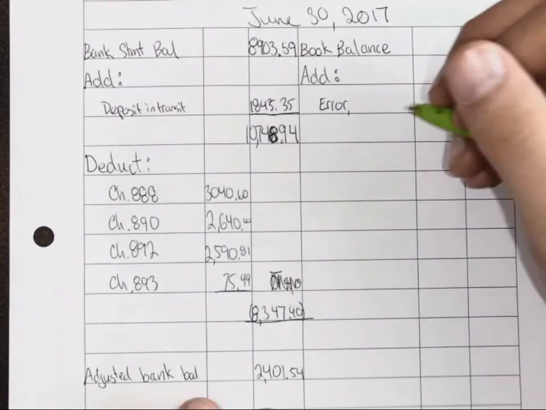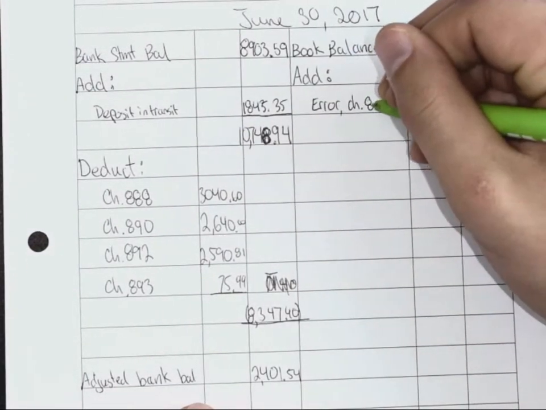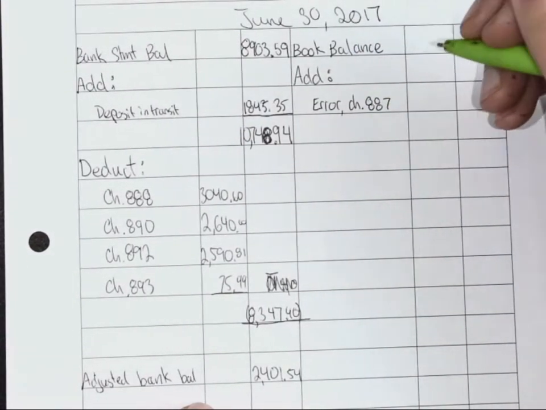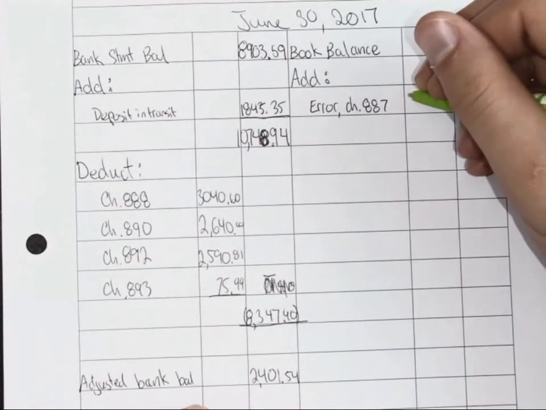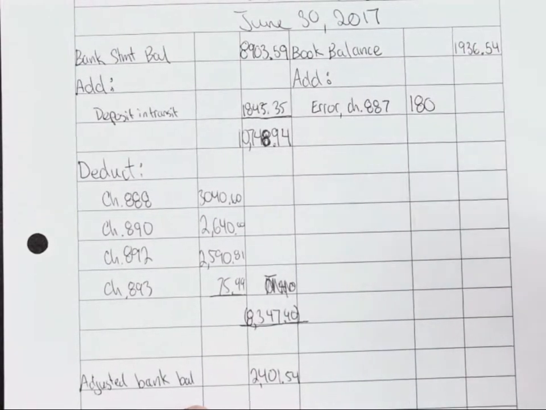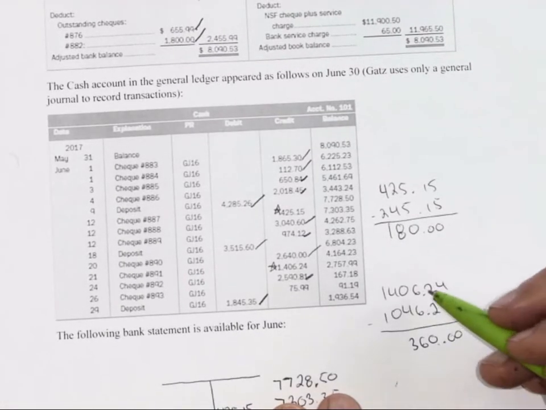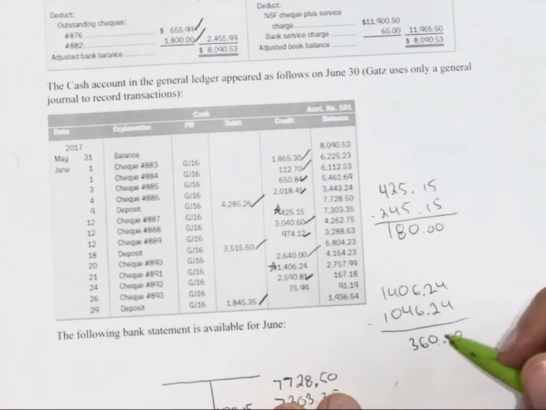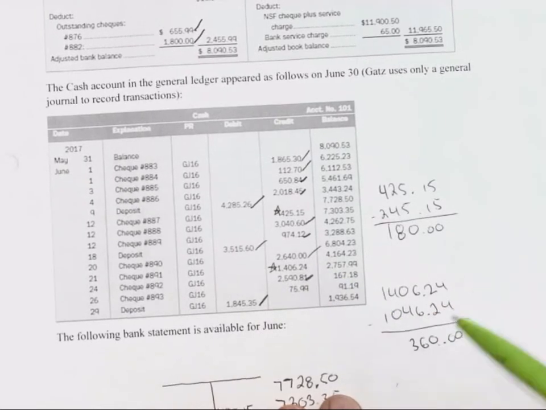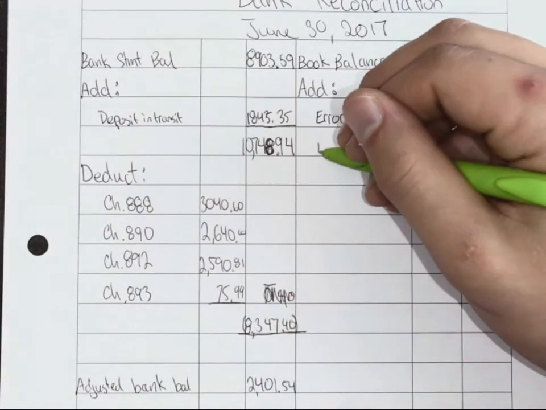So we have error on check 887. We're going to add $180. And here we can see that again we credited too much, so we'll also add the error.